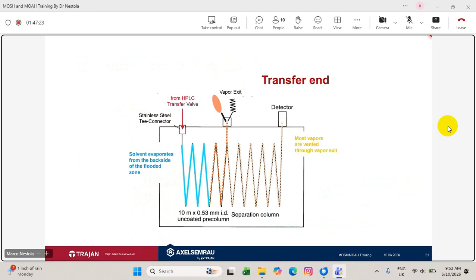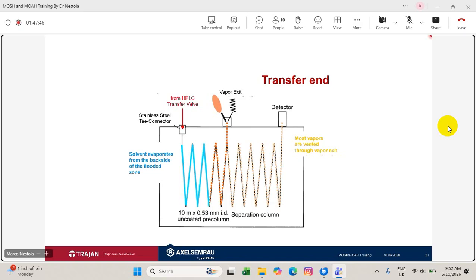As we have injected faster than we have evaporated, the flooded zone gets longer and longer. At some stage, the transfer is finished because our 2 minutes or 1.5 minutes are over. So we are closing the transfer from the HPLC side.